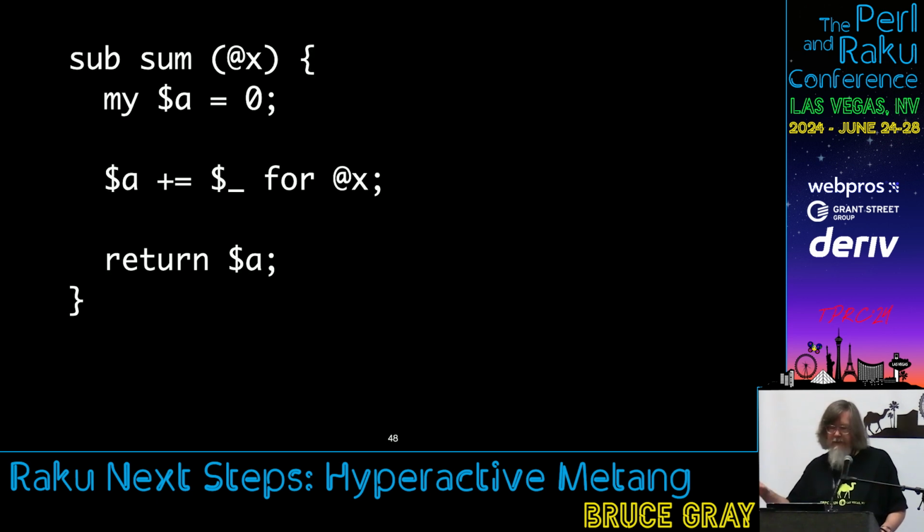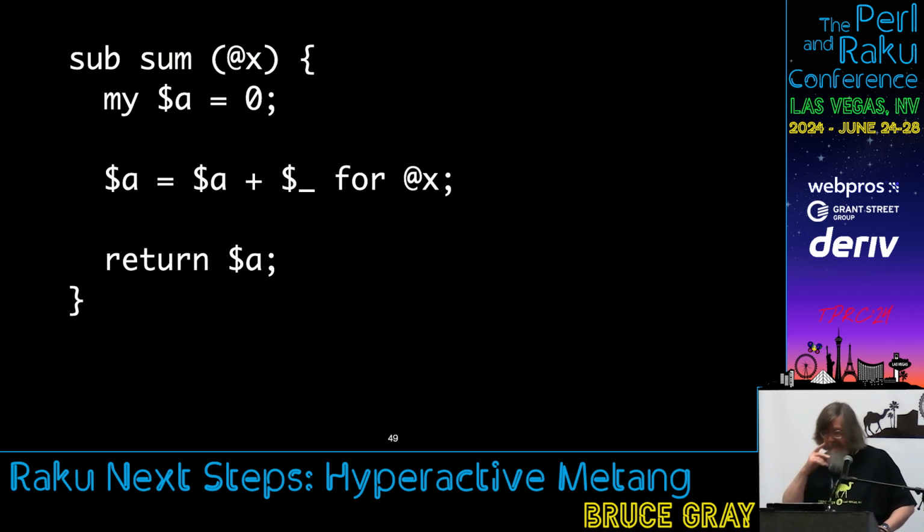So we're going to use sum as the base of our extraction. This is a straight copy from the prior slide. Since we'll be messing with the operator, let's unmeta that plus equals and flatten it out to the same statement, but saying A twice.